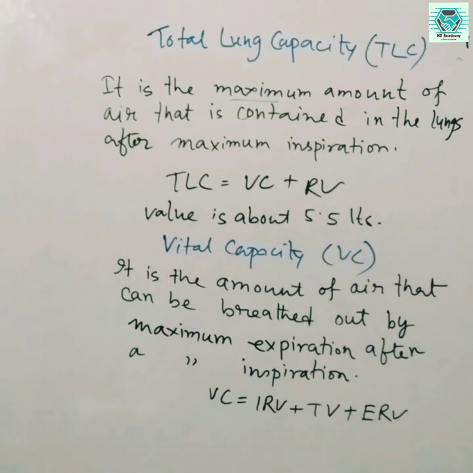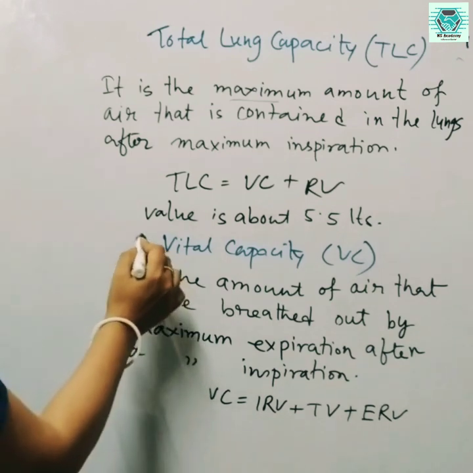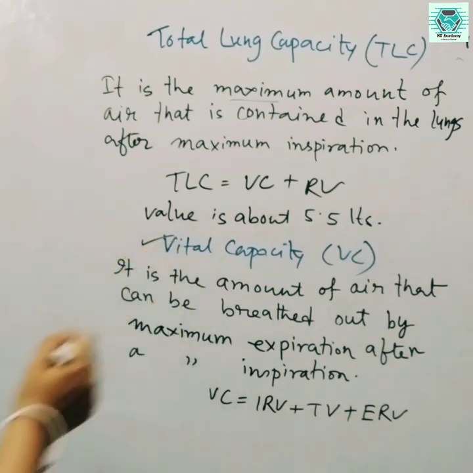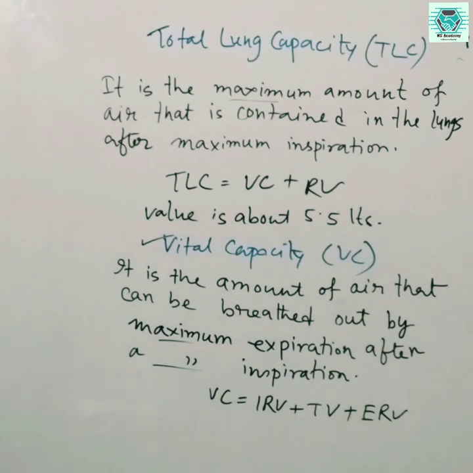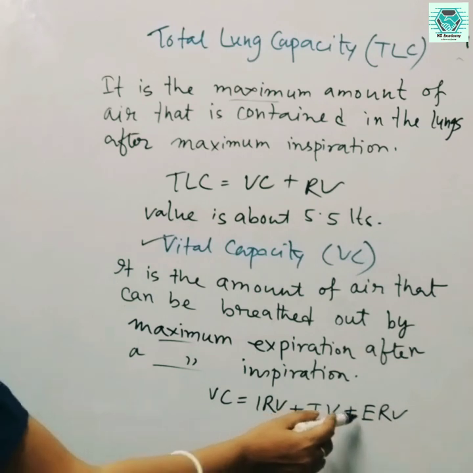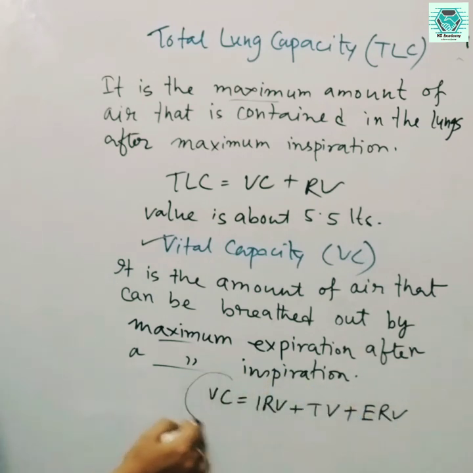Now see the vital capacity. It is the amount of air that can be breathed out by maximum expiration after maximum inspiration. So this is the formula: VC equals IRV plus TV plus ERV. So VC means this.